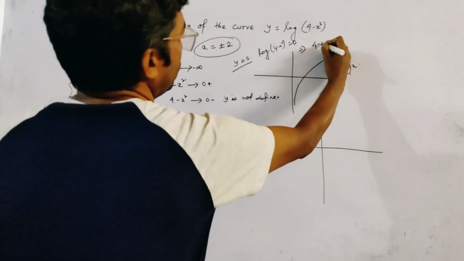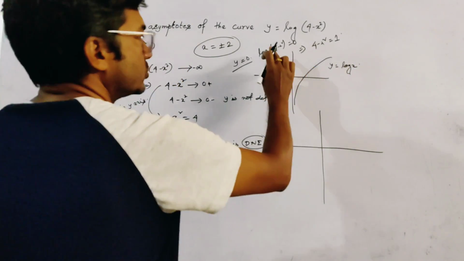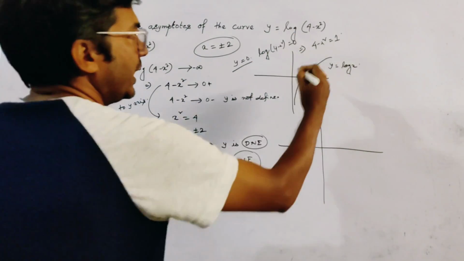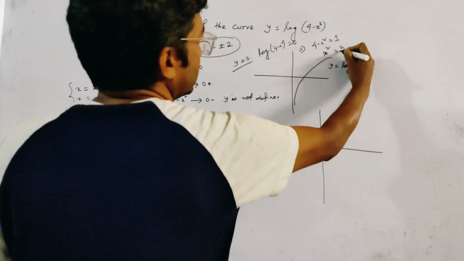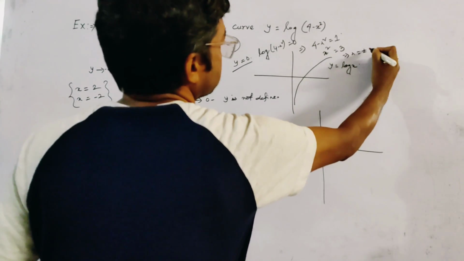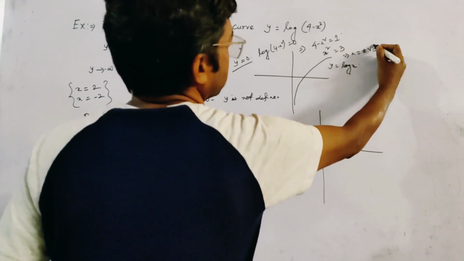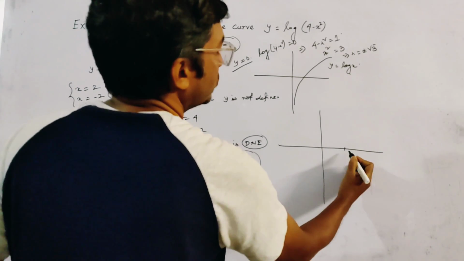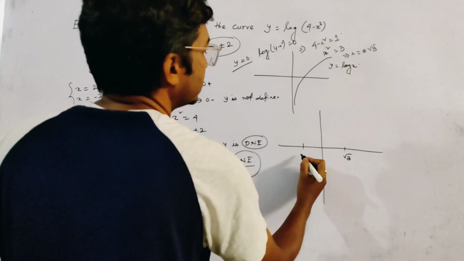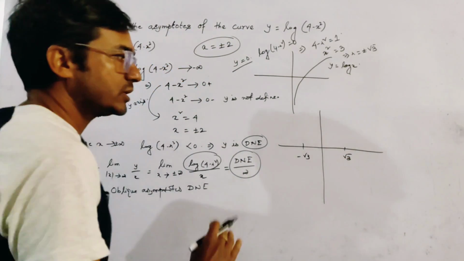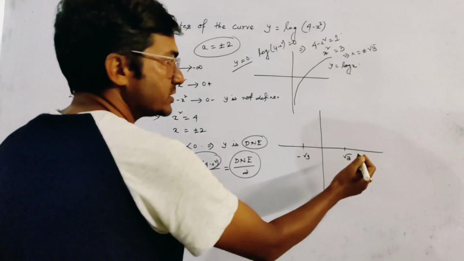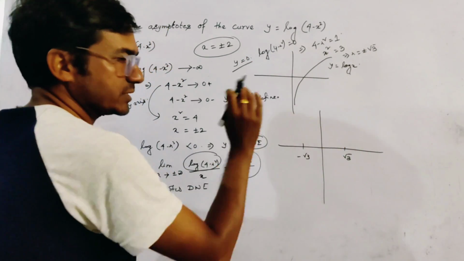This means 4 minus x square equals 1, because log 1 equals 0, and this gives x square equals 3, which implies x equals plus minus root 3. This is root 3 and this is minus root 3. These are the points of intersection of the curve and the x axis.